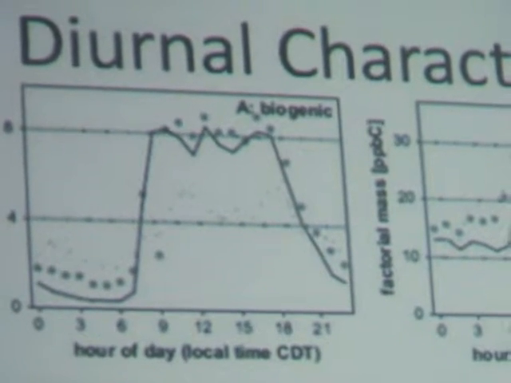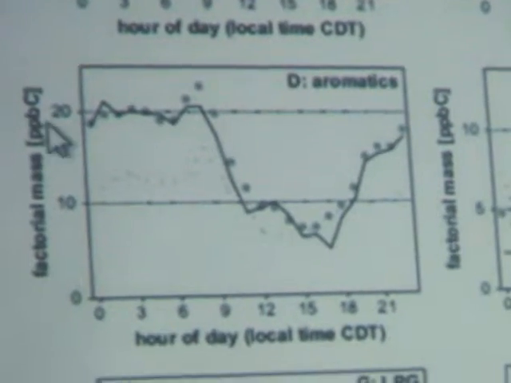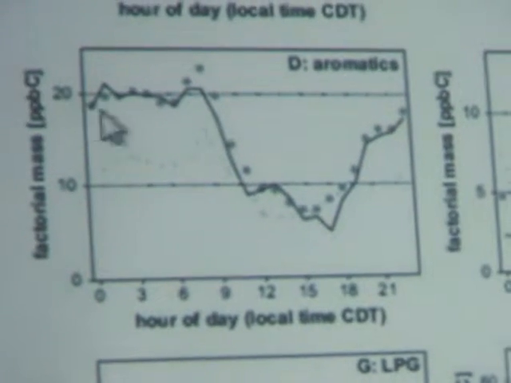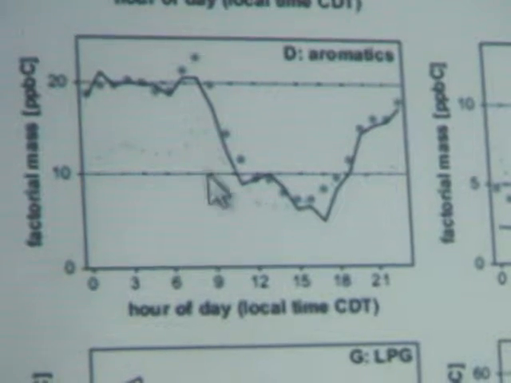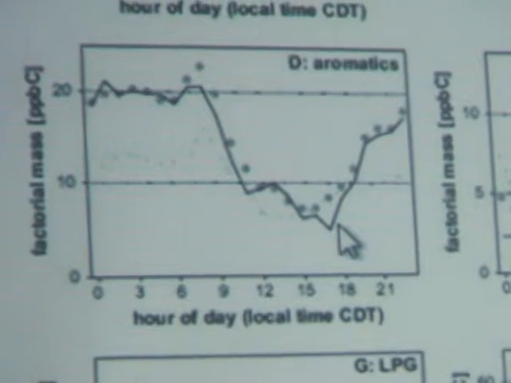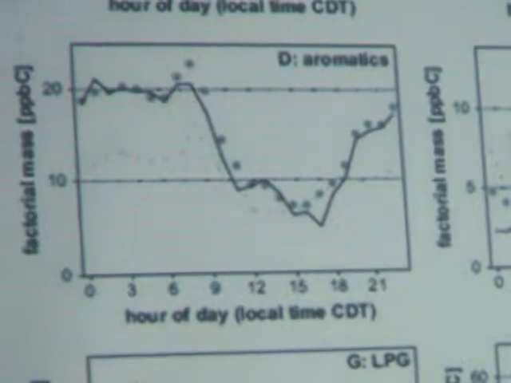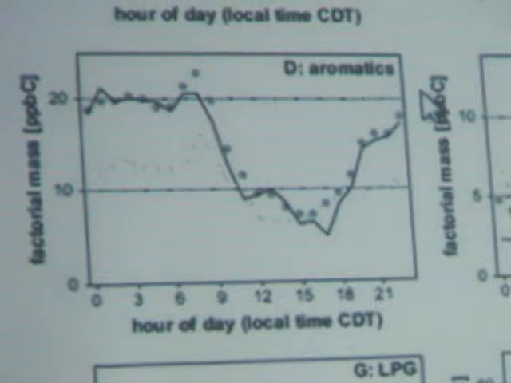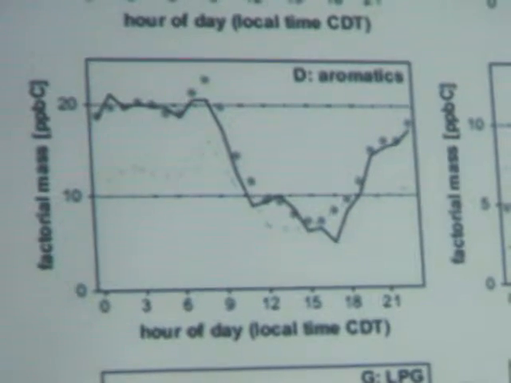Certainly, molecules that don't follow an ambient kind of profile, that's telling you something about this aromatic profile, for example, where it's high through the night and early part of the day, it drops in the middle of the day. Well, the drop in the middle of the day is probably just better mixing, diluting it. But it tells you that this source is probably fairly constant day and night. It doesn't have much diurnal character.